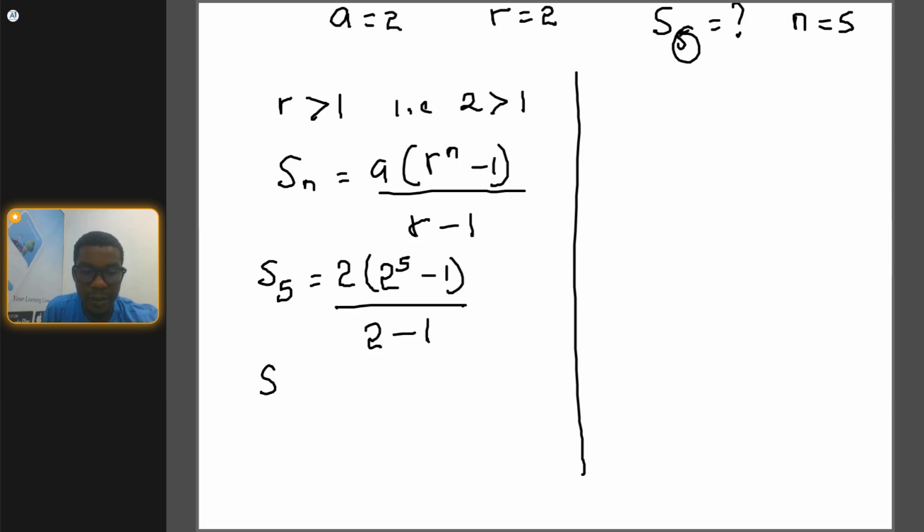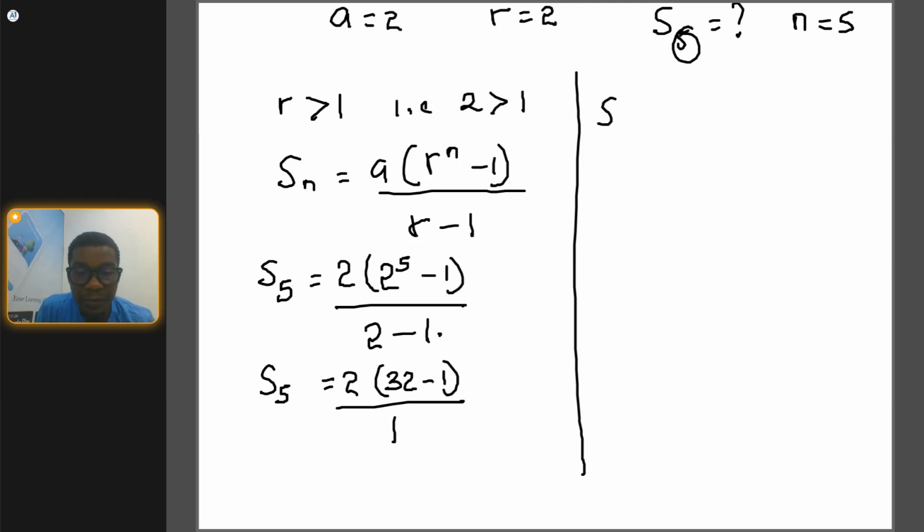That is x5 equals 2 in brackets, 2 raised to the power 5 is 2 times 2 times 2 times 2 times 2, in 5 places. We are going to get 32 minus 1 over, subtracting 1 from 2 at the denominator, the answer is 1.